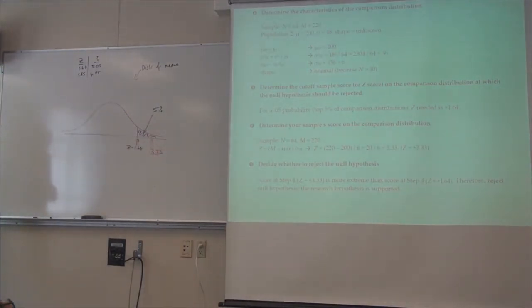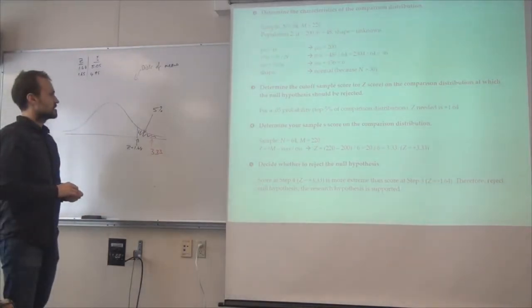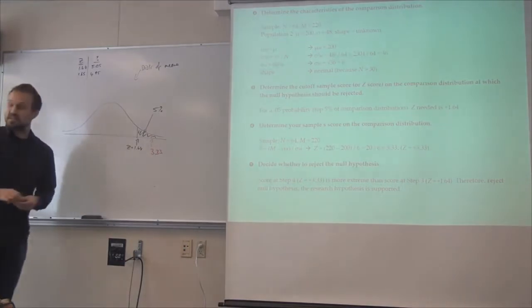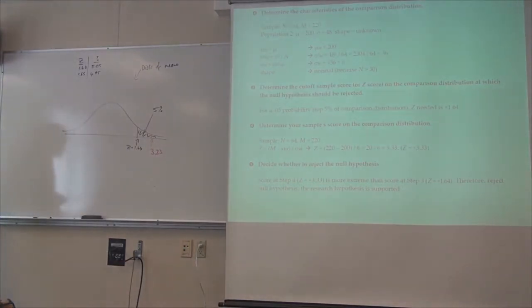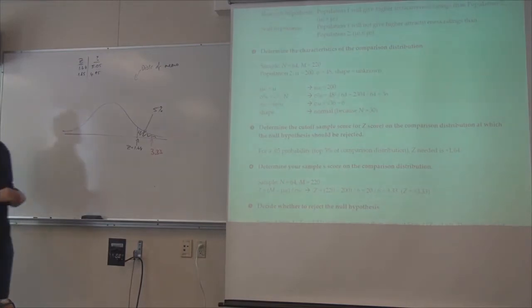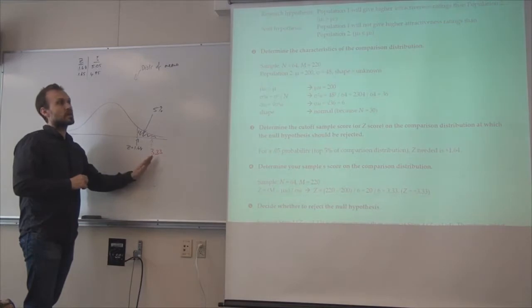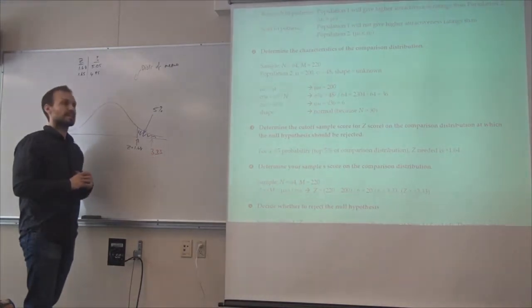What does that tell me? That tells me that the research hypothesis is probably true, because the chances of finding something this extreme, if the null hypothesis were true, is pretty unlikely.